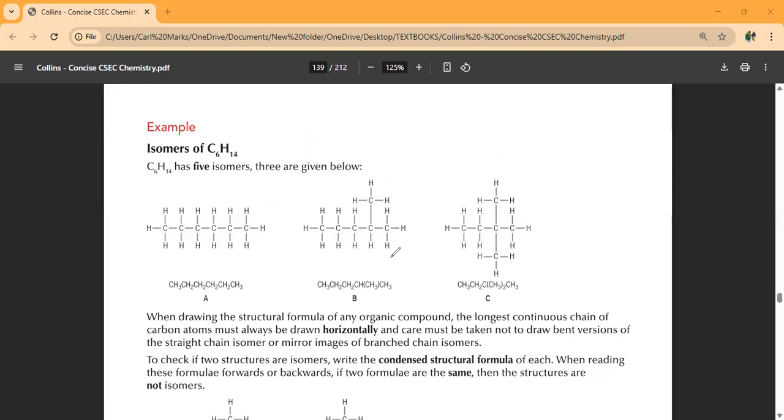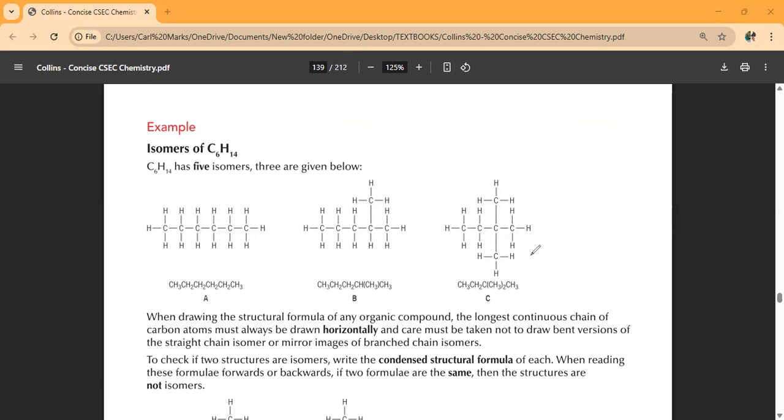And how many hydrogens? 12? Count again. You're missing hydrogens there. 6 carbons, 14 hydrogens.